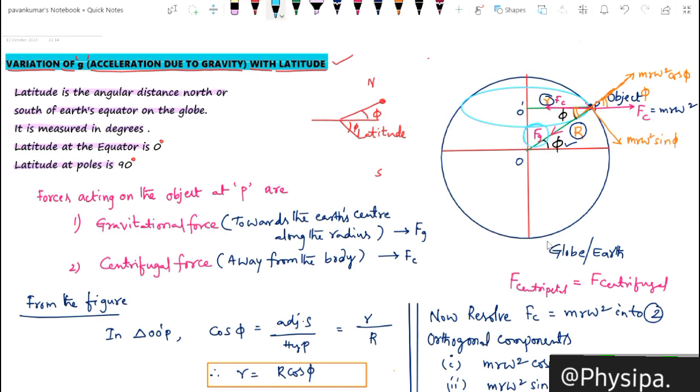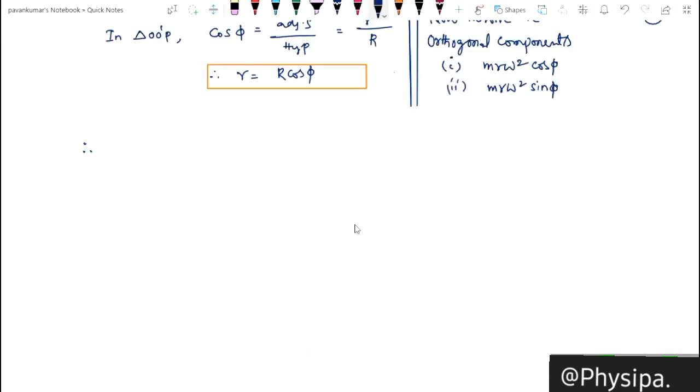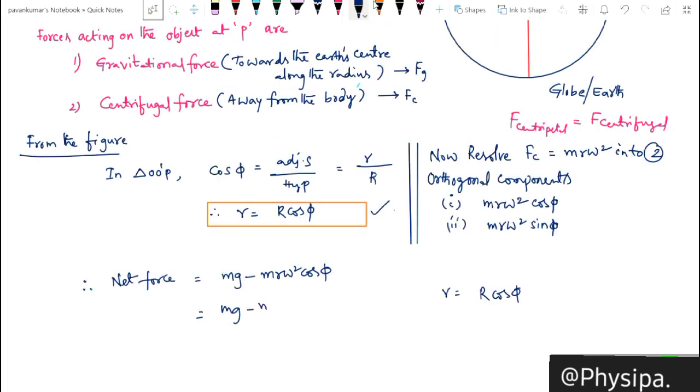So finally Fg and m r omega square cos phi are the two forces acting on the particle at the point P. So we can write the net force as mg minus m r omega square cos phi. Here mg is greater than m r omega square cos phi. r is equal to R cos phi. By substituting, we get mg minus m into R cos phi into omega square cos phi.